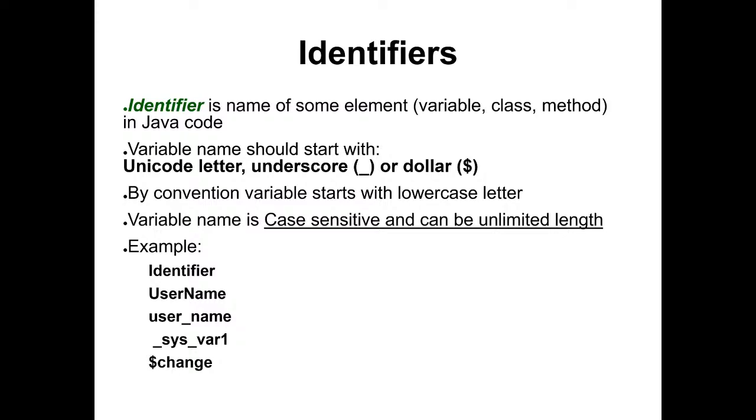And of course, note that the variable name is case sensitive, the same as the class name and the method name. Everything is case sensitive in Java, so be sure that all the letters you write in the identifiers are in the correct case. There are several examples here.